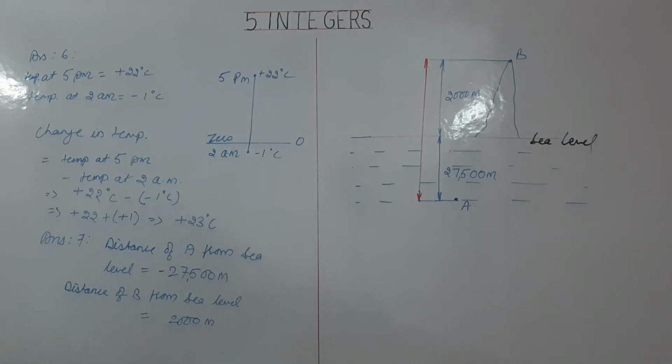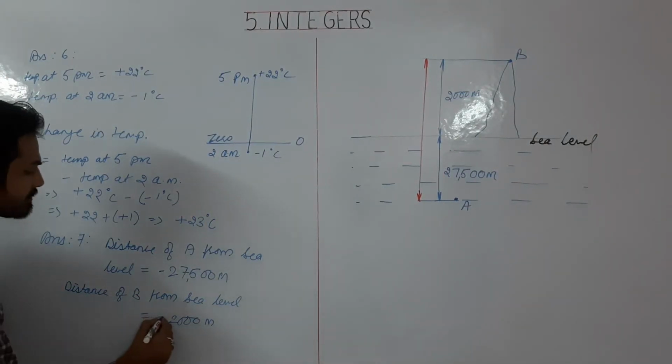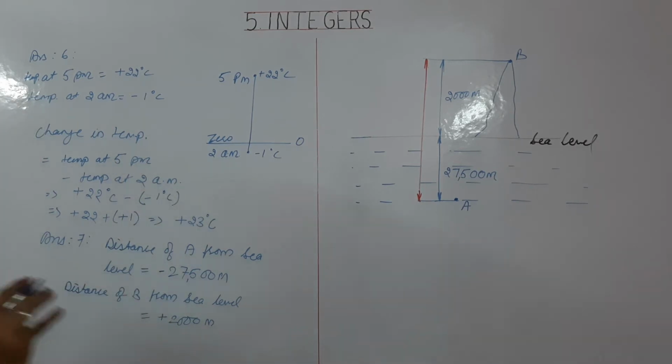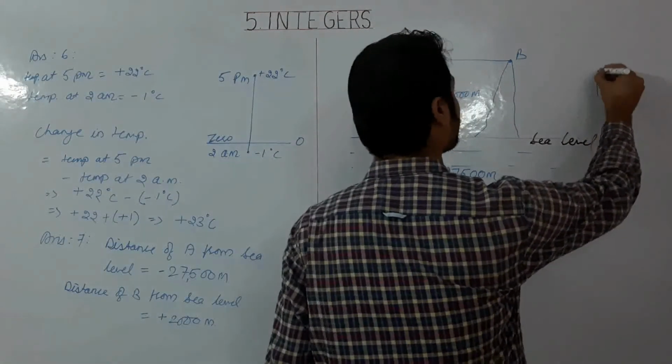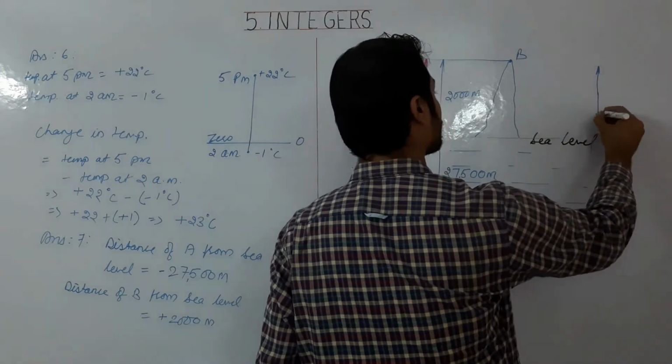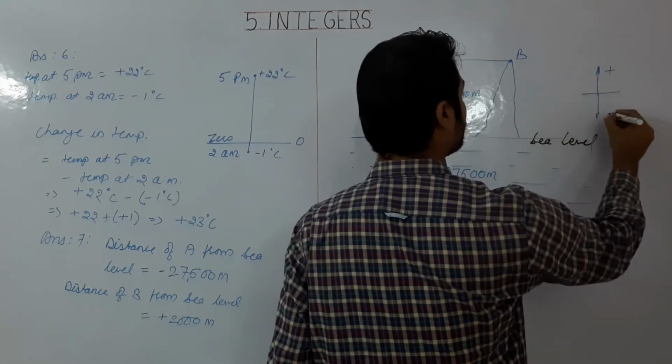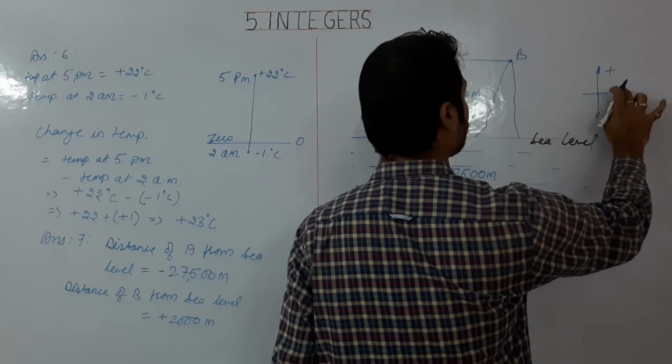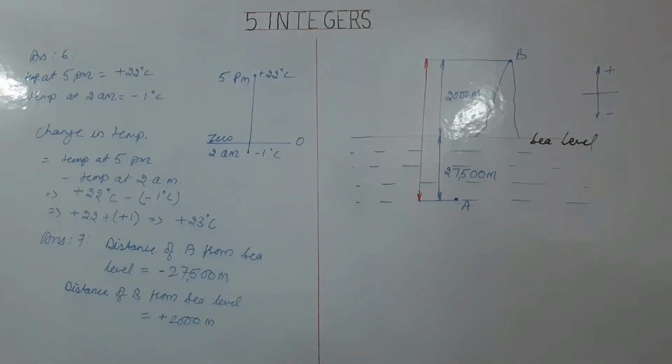So vertically upward, or vertically opposite to the first, means positive. So we are trying to show that vertically upward distance is positive, and downwards distance has a negative sign. So from sea level, above or vertically up means positive, below or vertically down means negative.